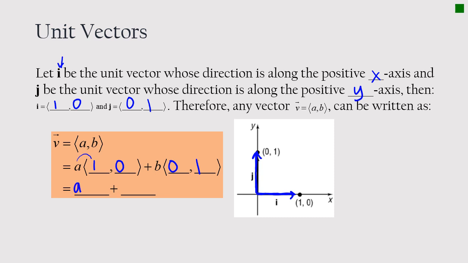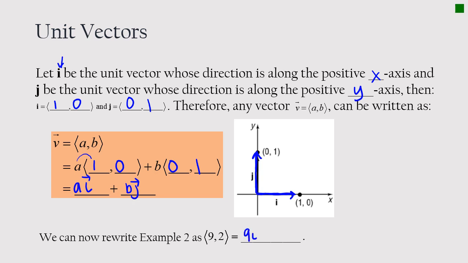If you're taking a regular vector and writing it as a unit vector, you would write it as AI plus BJ. So for example, if we had to rewrite example 2, which was 9, 2, using unit vectors, this would be 9I, so 9 units to the right, plus 2 J's.